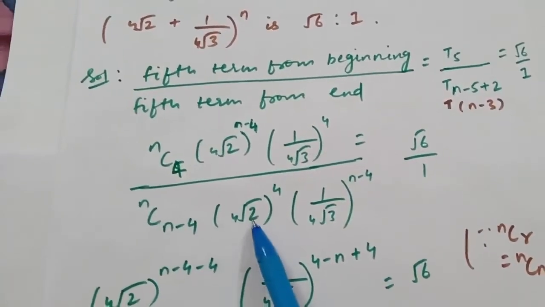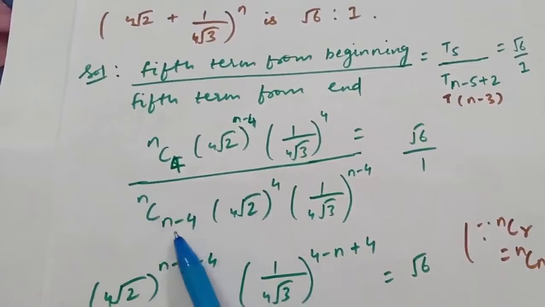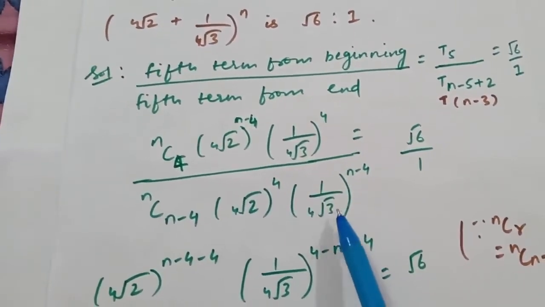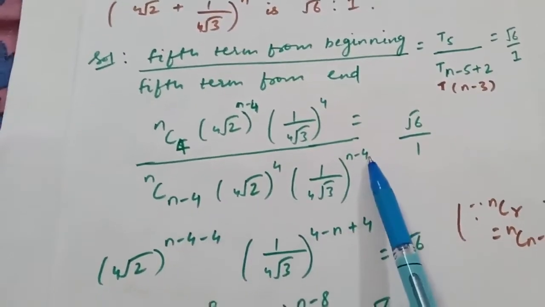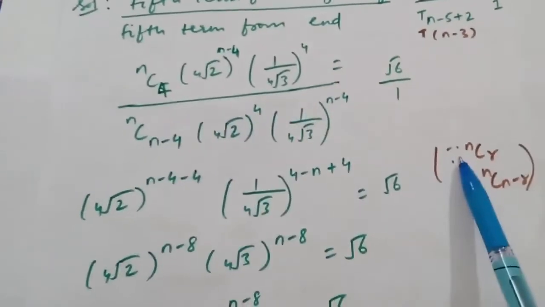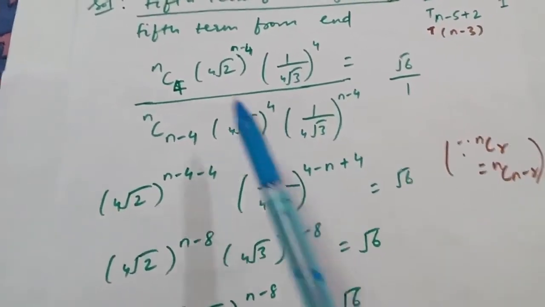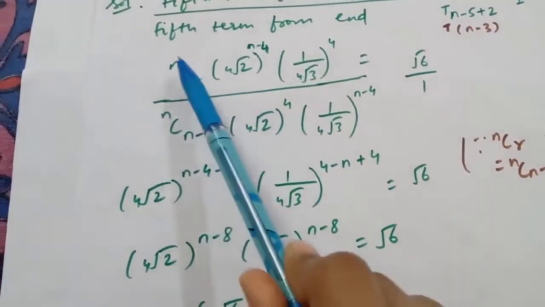Now fourth root of 2 raised to the power 4. N minus 4 is 4. And 1 upon fourth root of 3 raised to the power n minus 4. Now because NCR is equal to NCn minus R, therefore NC4 is equal to NCn minus 4.